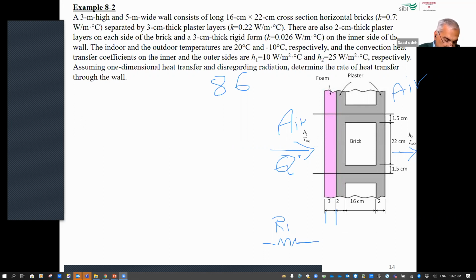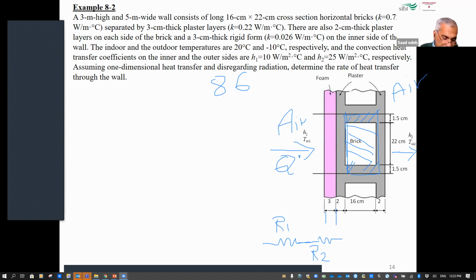We have foam covering the wall. So this is R2. And when we reach this section, I have 3 layers: this one, this one, and also the brick layer. So they are in parallel, correct?